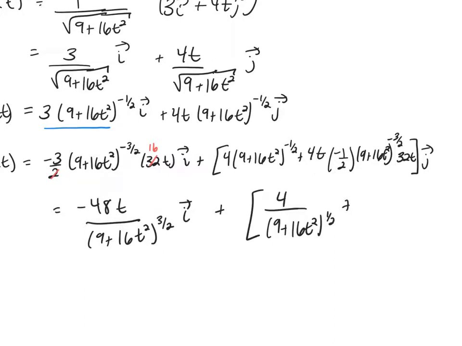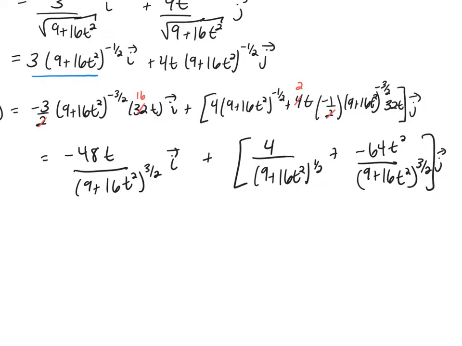Plus, so here this 2 will cancel, give me a 2 there, times 32, but there's a negative, so it'll be a negative 64t squared over (9 plus 16t squared) to the 3/2 power, j.